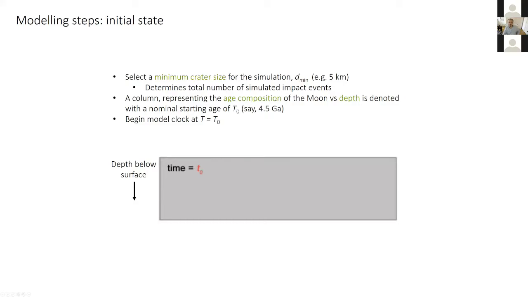We select a minimum crater size for simulation, so that can be something like 5 kilometers, but it can be any other value depending how detailed you want it. This value determines how many impacts are going to occur over the whole period of the model. So this block here represents the material of the moon, and we're looking at the dimension of depth below the surface.